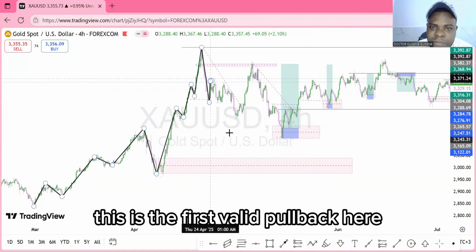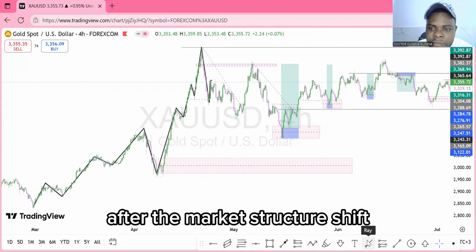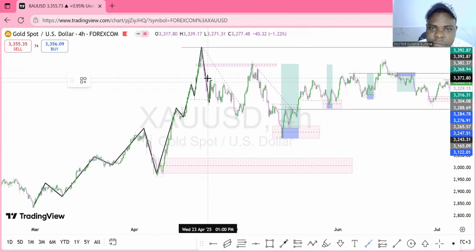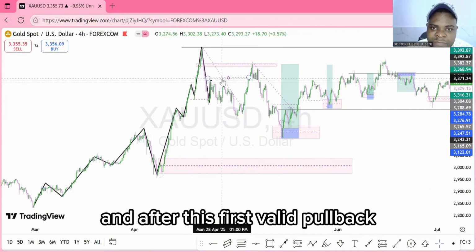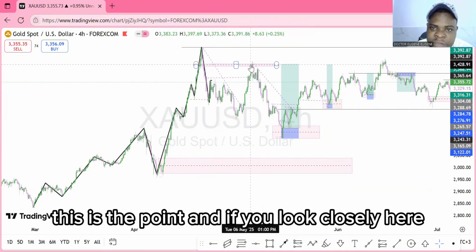This is the first valid pullback here after the market structure shift. This is the first valid pullback, and after this first valid pullback, this is the point.